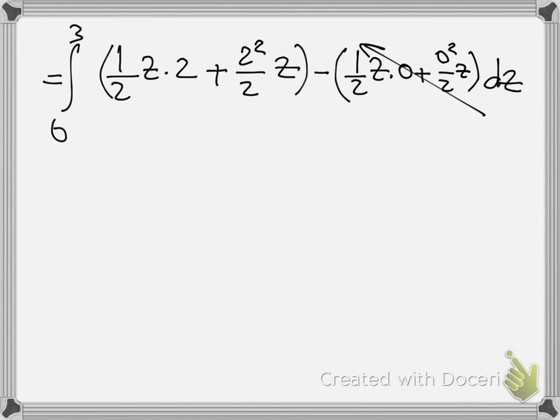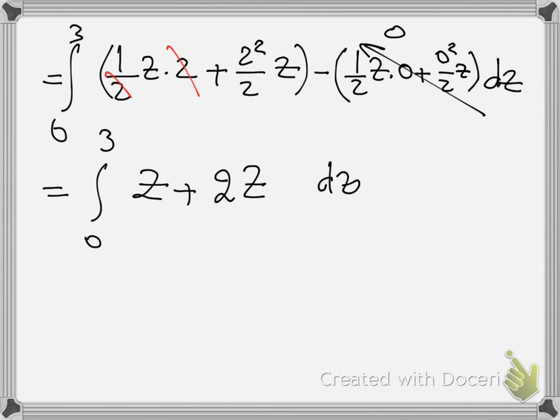Of course this is just 0. So it's just the integral from 0 to 3 of half of z times 2, so the 2 cancels out and that will be z, plus 2 squared, which is 4 over 2, so plus 2z dz. So this is the integral from 0 to 3, z plus 2z, that's 3z dz.